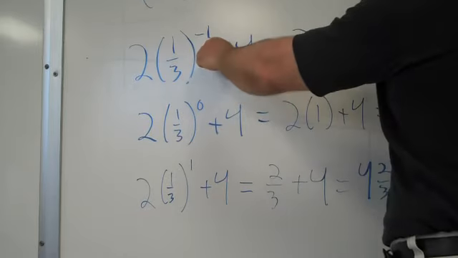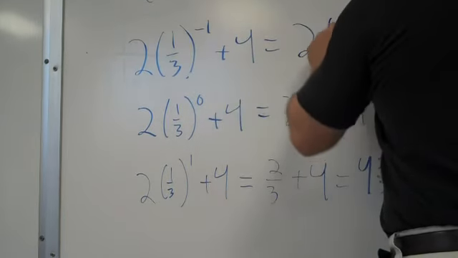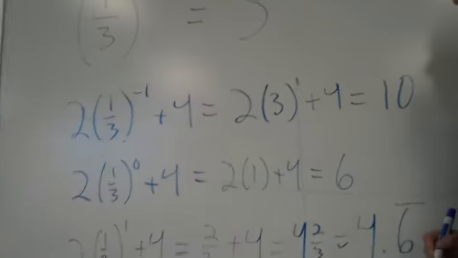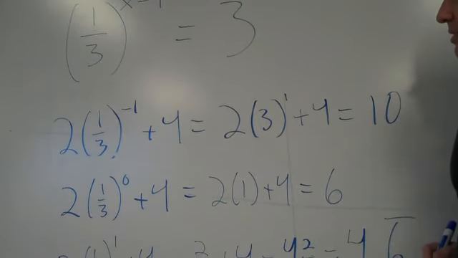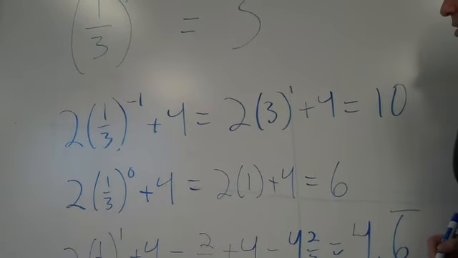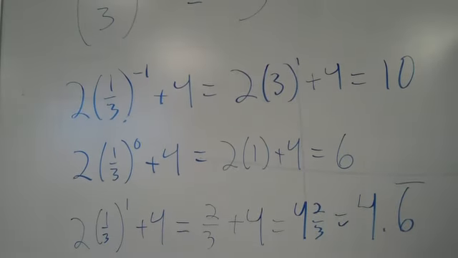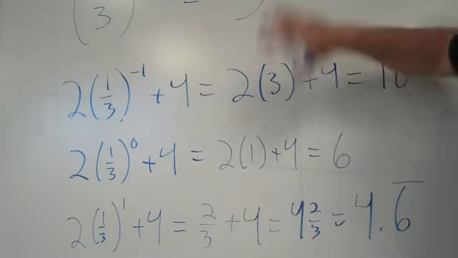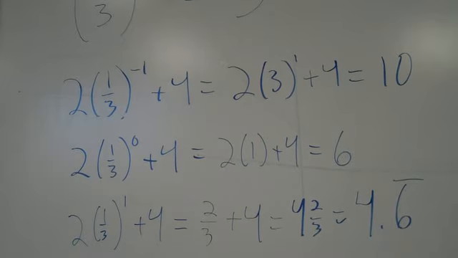So 1/3 to the negative 1 becomes 3 over 1 to the first power. It's just 3. If it had been 3 to the negative 1, that would have become 1/3 to the first power. Good. Can't forget your negative exponents.